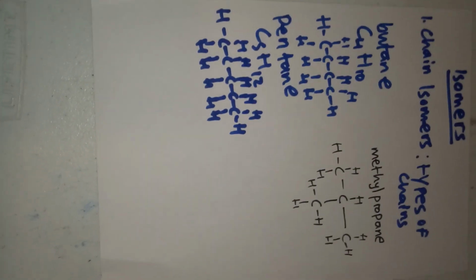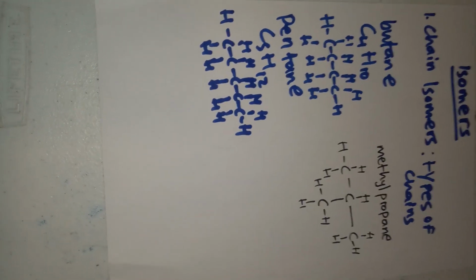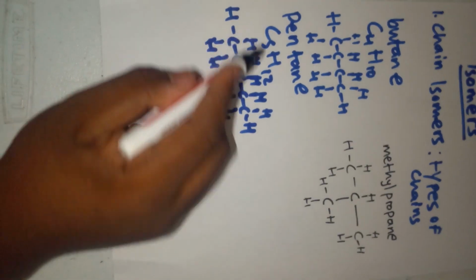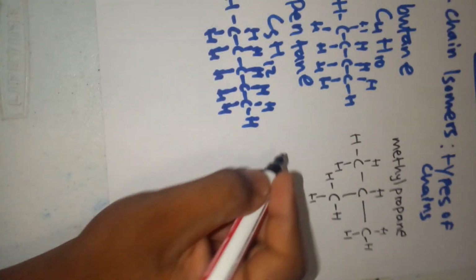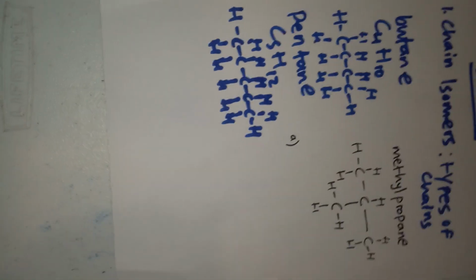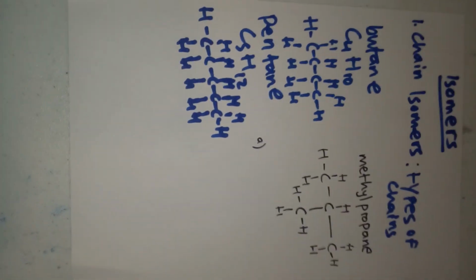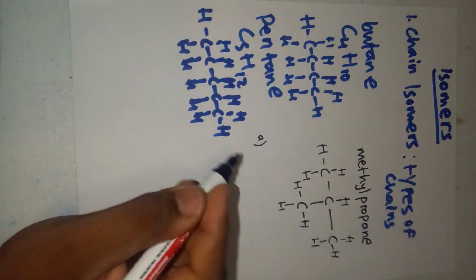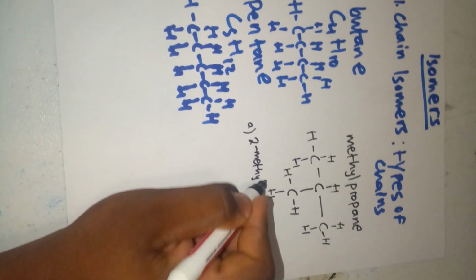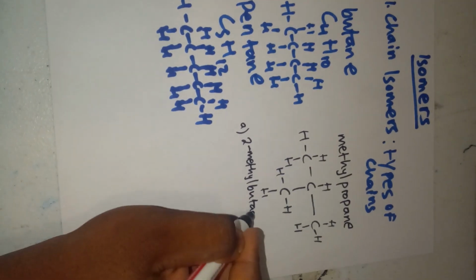Now let me show you the other two chain isomers of pentane. So now, as you can see, we want to maintain the same molecular formula. So this is the first one. The first one is 2-methylbutane. Whenever you see a methyl, know that that is an isomer, a chain isomer. Is it fine? So now we have 2-methylbutane.